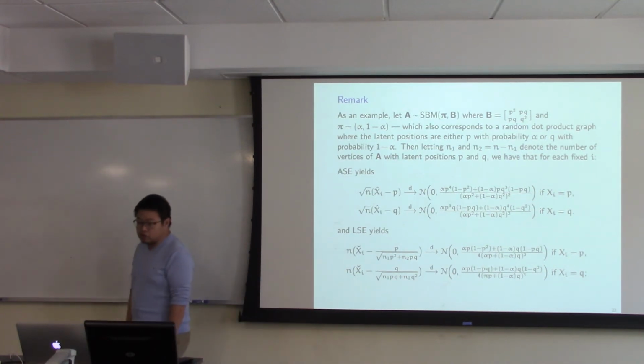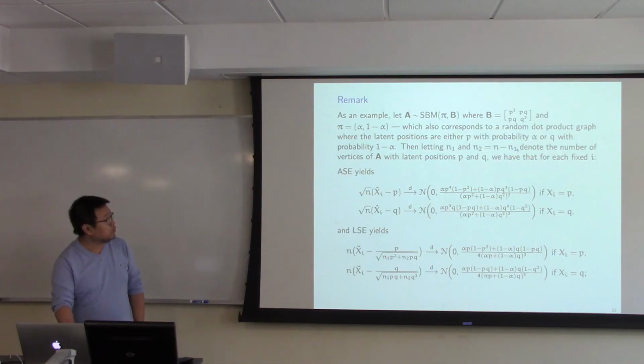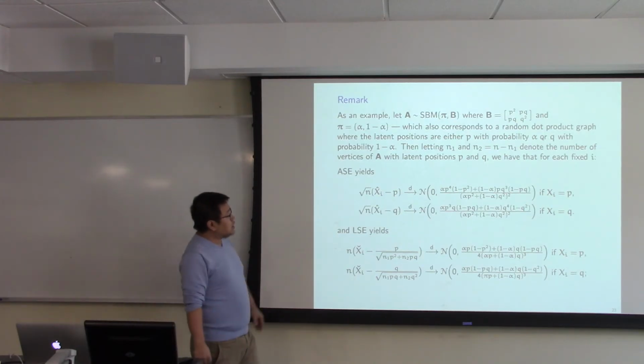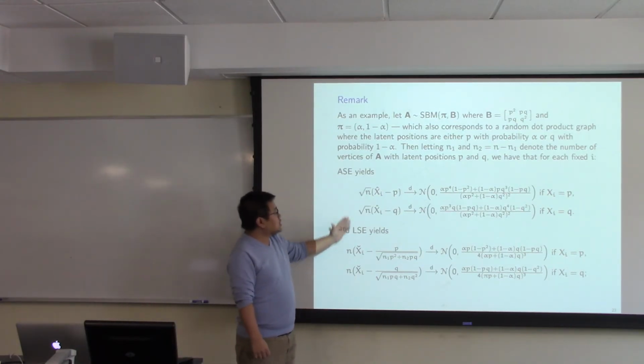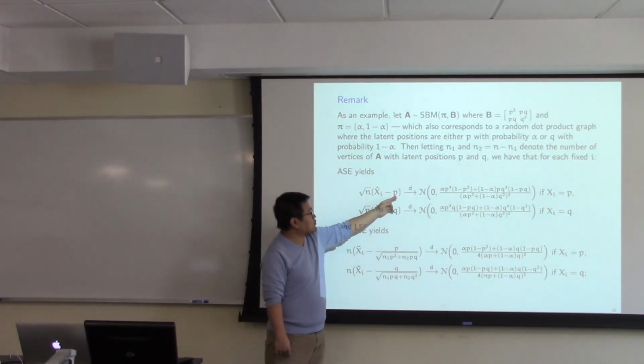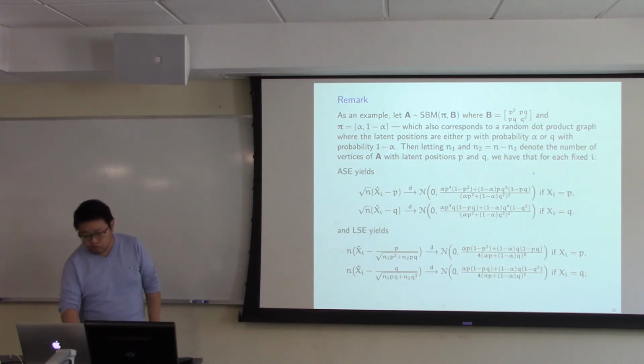This corresponds to a random dot product graph in one dimension, where the latent position is either p with probability alpha or q with probability 1 minus alpha. Then my adjacency spectral embedding tells me that each x_i is centered around p, according to this normal distribution, if x_i is really equal to p, and centered around q according to this normal distribution if x_i is equal to q.